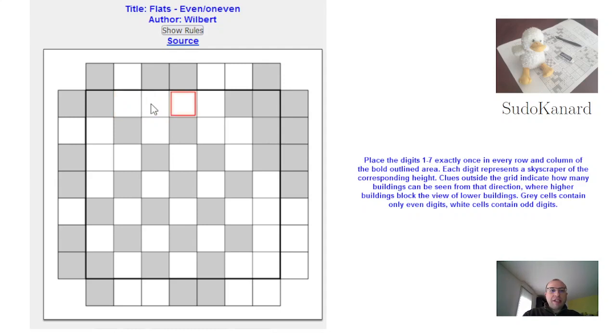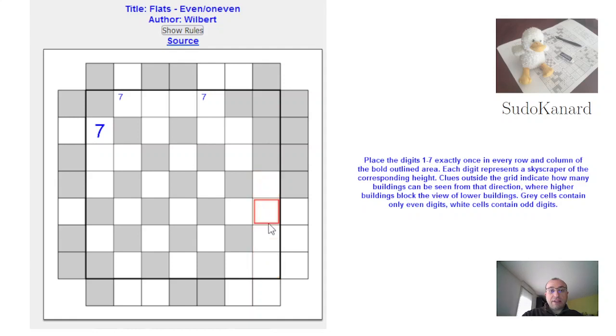So the only places on this row for 7 are here. So 7 will have to be next to an unshaded cell. And you can see that on this column, 7 can only be placed here. Well, 7 must be on an unshaded cell and must be next to a margin unshaded cell. So that is a 7.